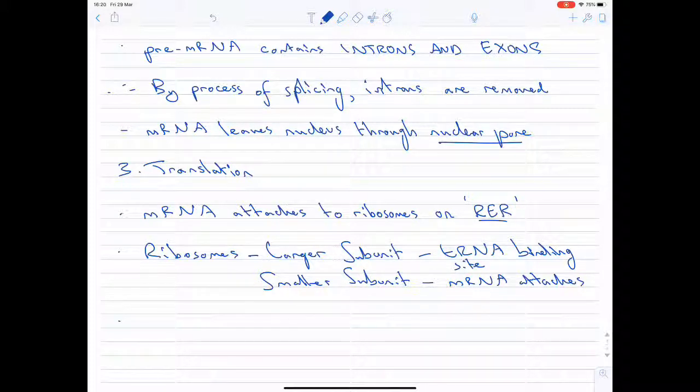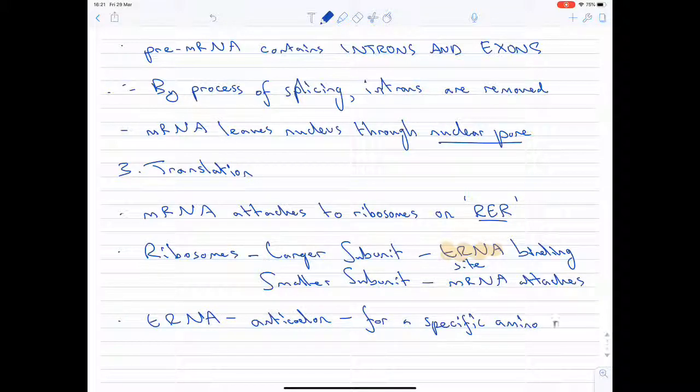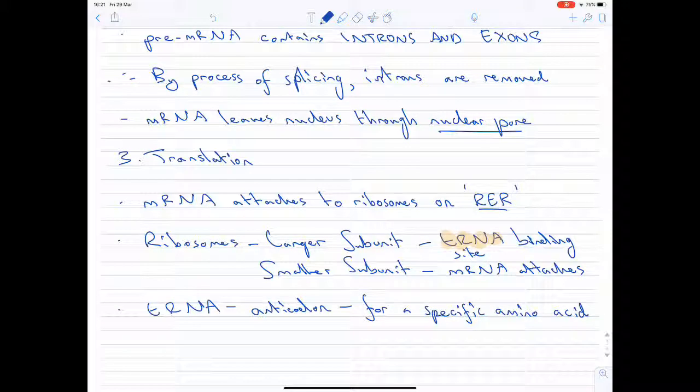Right. So now we mentioned the word tRNA, so we should explain what tRNA is now. Basically tRNA carries the anticodon for a specific amino acid. So now we've explained all the parts in translation. We've explained what ribosomes are, where they're located, their structure, and also tRNA.